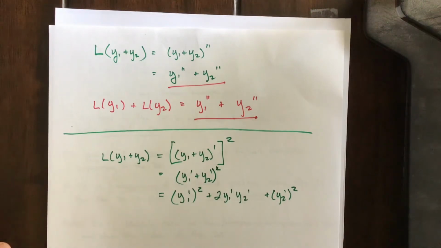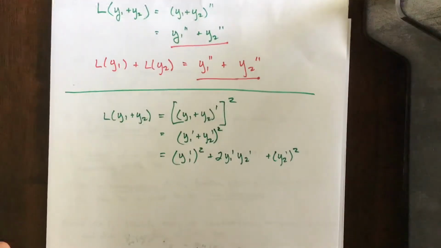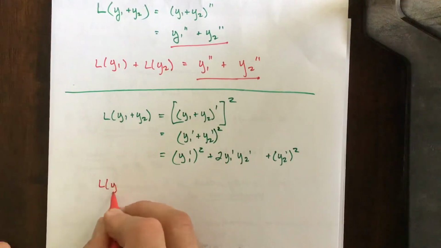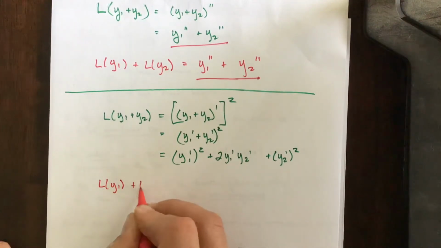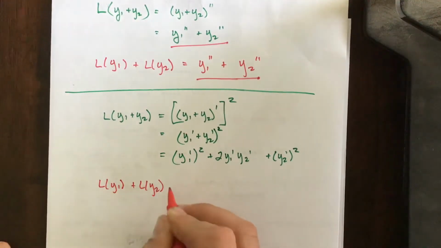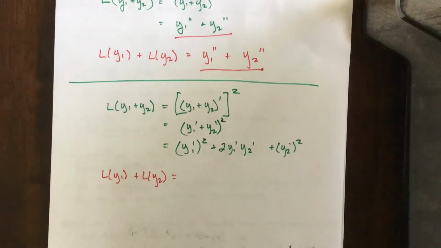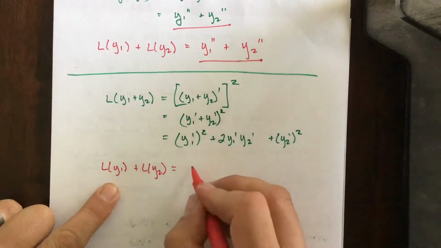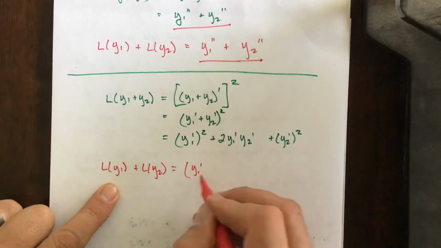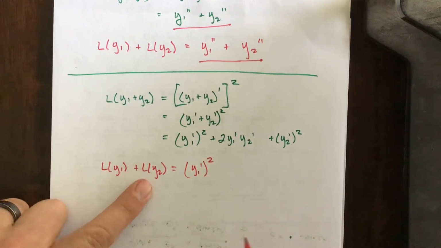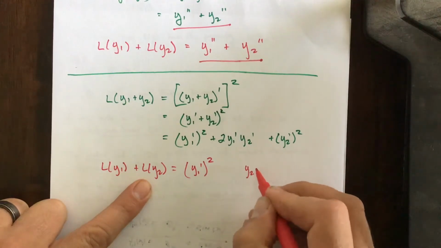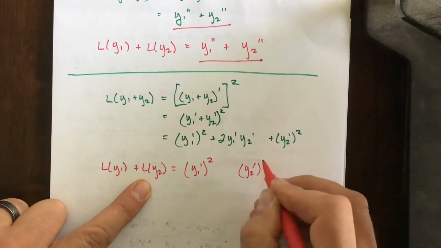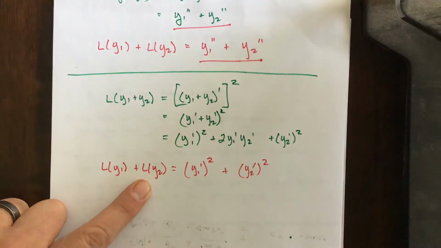So the question is, is that equal to L of y1 plus L of y2? According to our rule, we take y1, take its derivative, we get y1 prime, and then square that result. Then we take y2, take its derivative, square that result, and then add the two together.